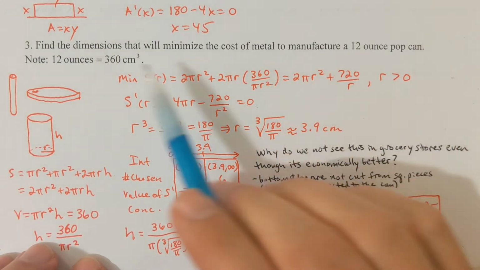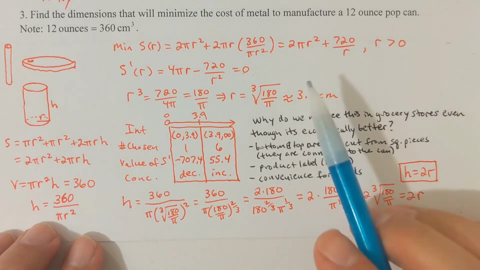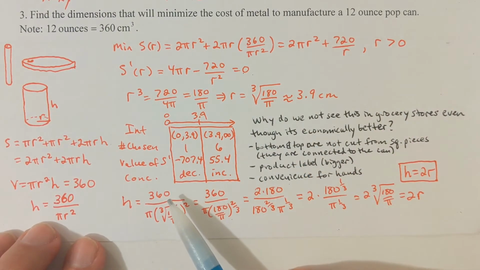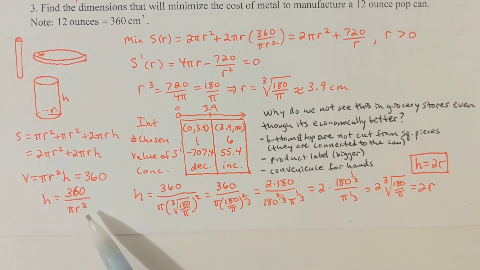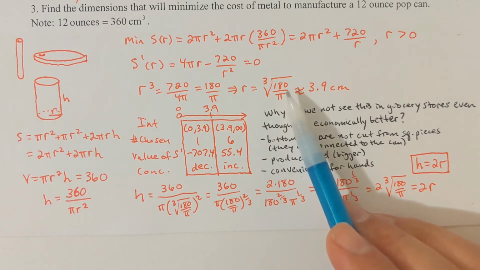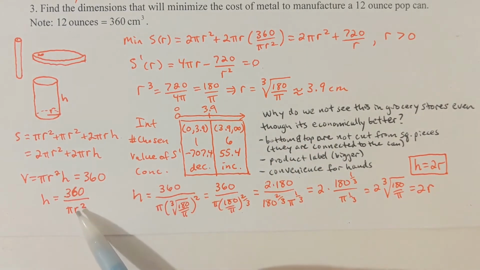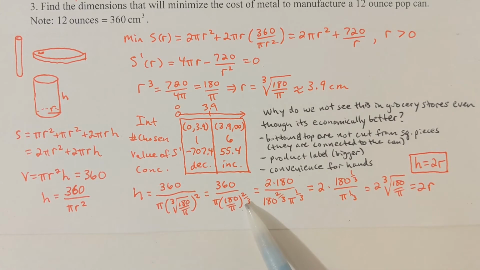Now, we want to find the dimensions that will minimize the cost of the metal. So I know r, let's get h. Well, here's what h is in terms of r, right? And r is the cubed root of 180 over pi, so I'm going to go ahead and replace that in order to determine h. The cubed root of 180 over pi squared would be the same thing as 180 over pi to the 2/3 power.